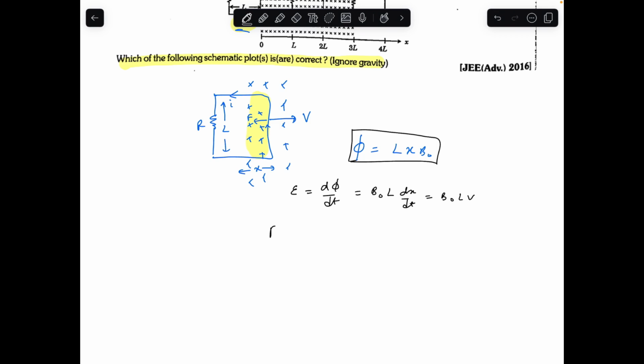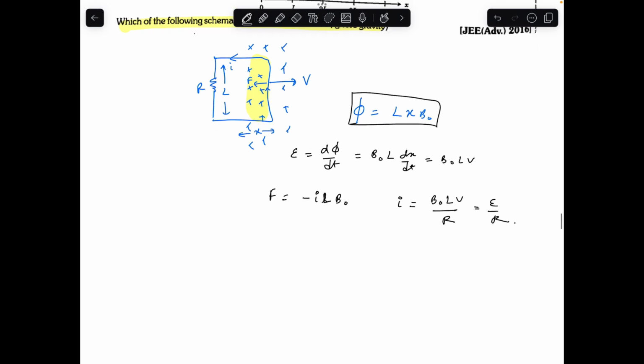Now what is the force? Force is equal to minus I L B naught, and the current is E by R, which is B naught L V by R. So put the value of current.